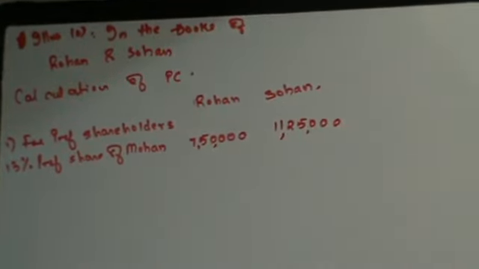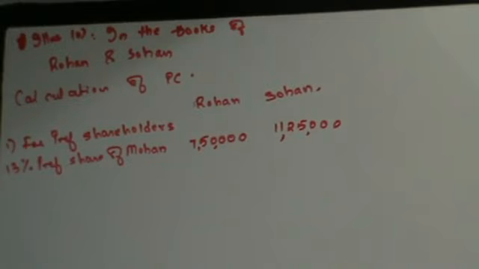Next, Mohan Limited will issue 4 equity shares for every 3 equity shares of Rohan Limited and 4 equity shares for every 5 equity shares of Sohan Limited. The shares will be issued at 35.